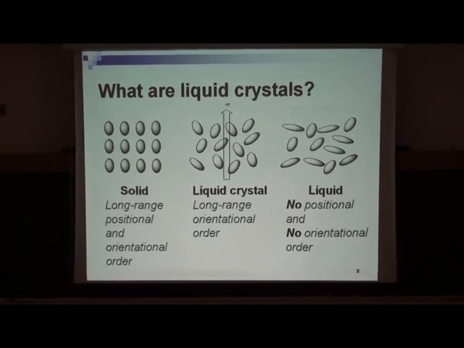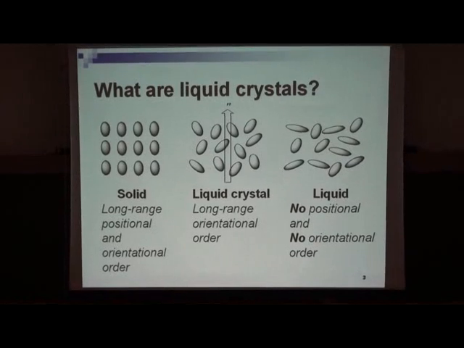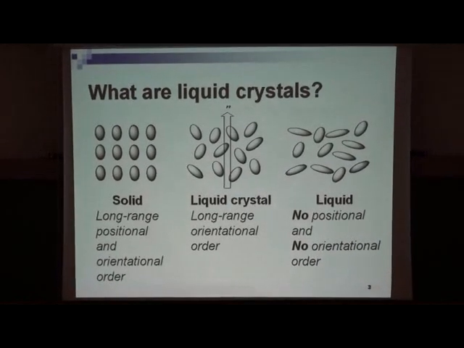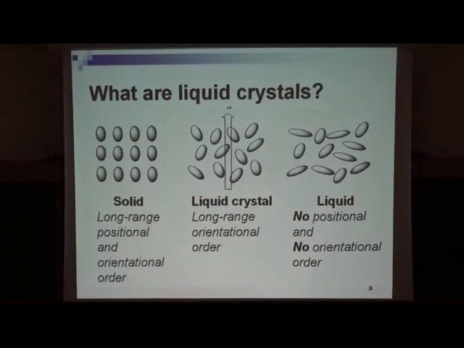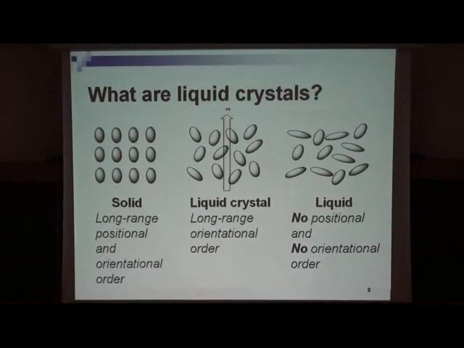In the solid structure, molecules have certain position and certain orientation. So we can say that the solid phase has long range positional and orientational order. In the liquid phase, molecules are in random positions and motions, and so there is no positional and no orientational order.